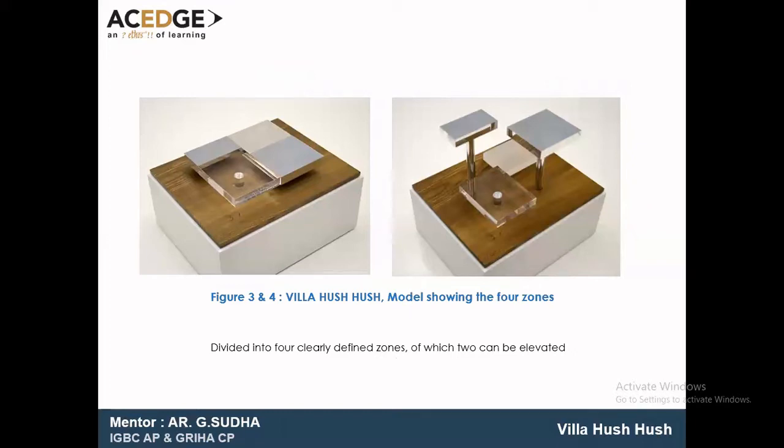So the model clearly shows that the plan is divided into 4 defined zones, out of which it is possible to elevate 2 of them, this one and this one, based on the client requirement and depending on how the internal arrangement is required.